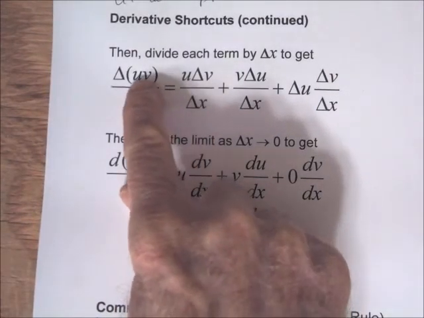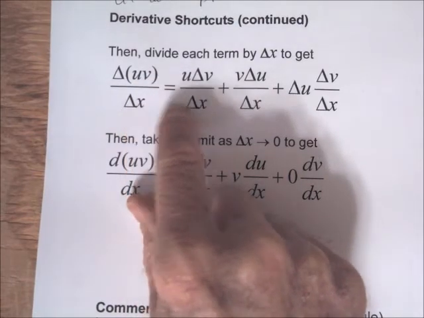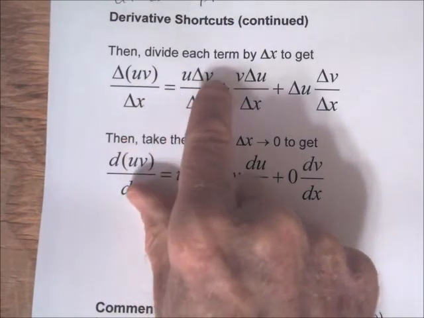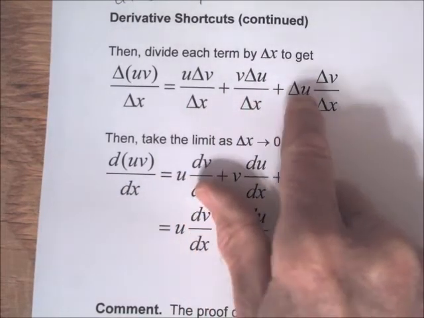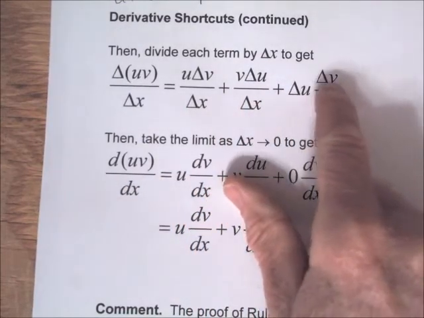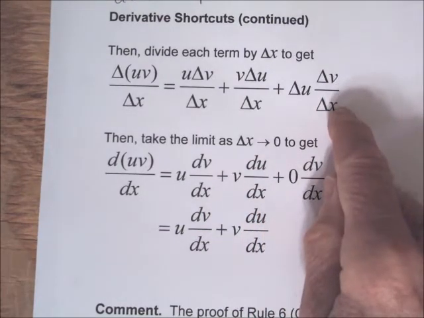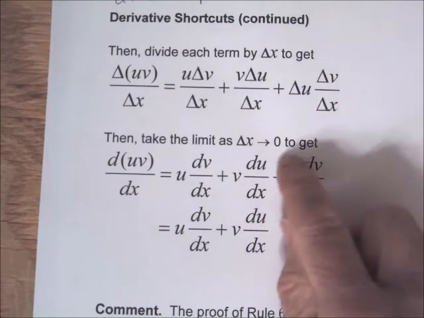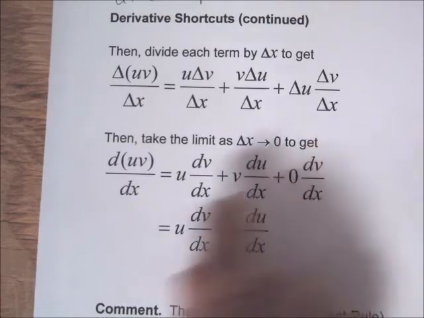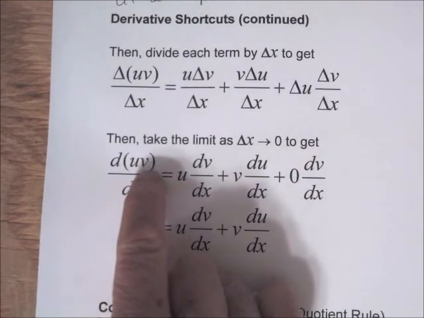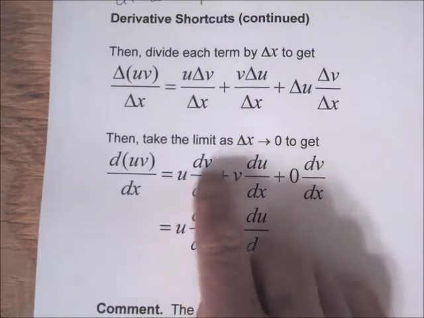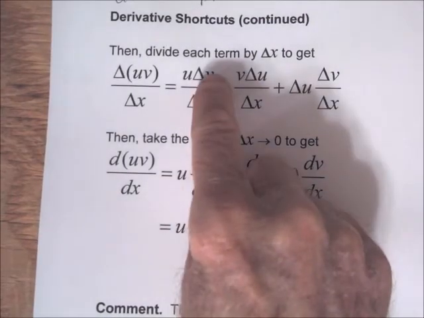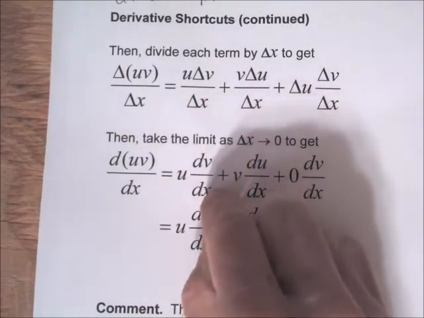the change in uv divided by the change in x is u times delta v over delta x, plus v times delta u over delta x, plus delta u times delta v over delta x. And then if we take the limit as delta x goes to 0, we get the derivative of uv with respect to x is u times dv/dx, the limit of delta v over delta x as delta x goes to 0.